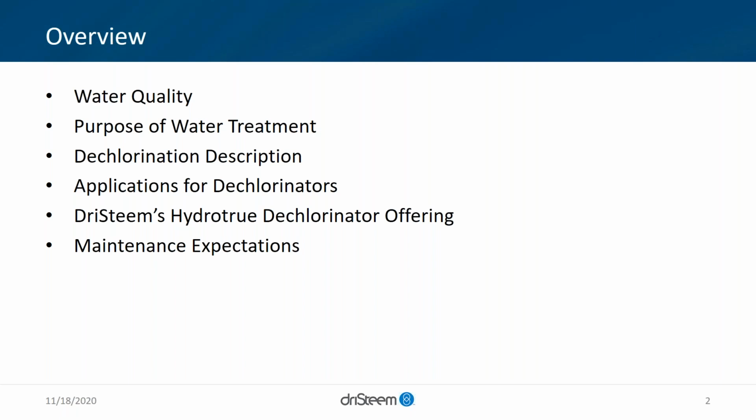Hopefully, this high-level overview will give you a little bit different context in the same regards to why water quality matters and why water treatment matters compared to the first series, followed by dechlorinator description, then applications, followed by DriSteem's Hydrotrue Dechlorinator offering, and finished with maintenance expectations. And as with the first one, we will take questions at the end, so please prepare those as we go, and I will get to them at the end.